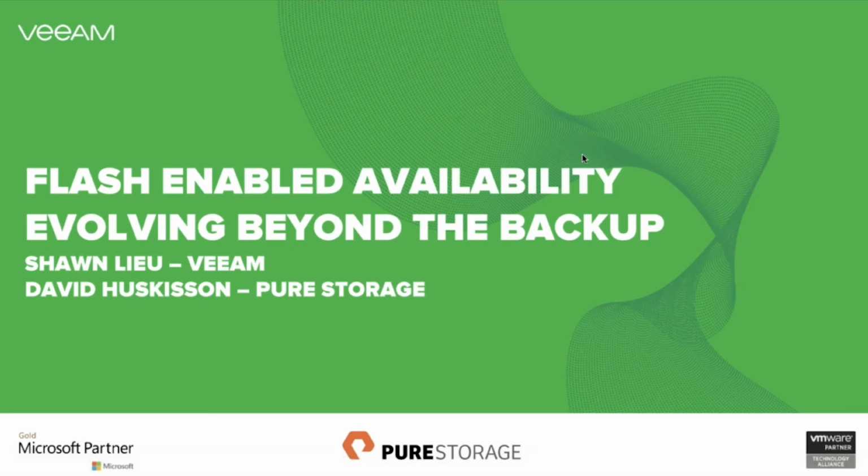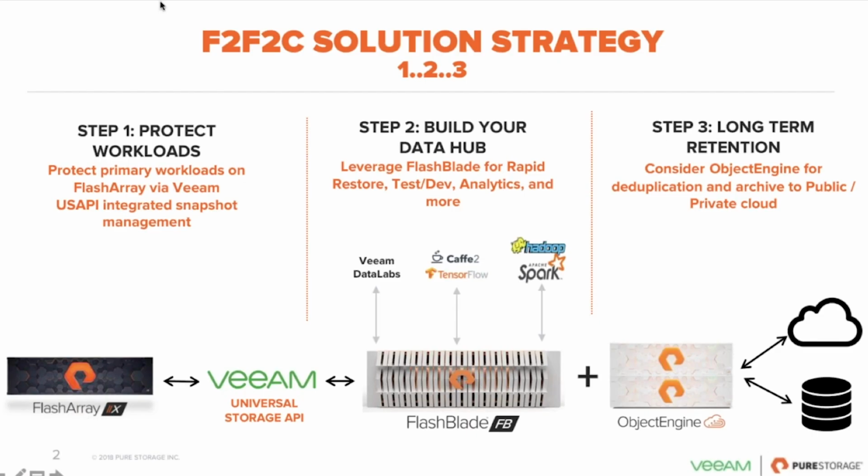And I guess the theme really is what we call our flash to cloud strategy. I think a lot of you will already be familiar with disk to tape architectures, and that's largely remained unchanged since around 2005, 2006.